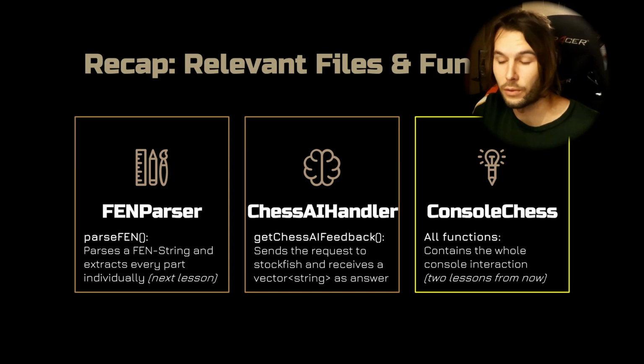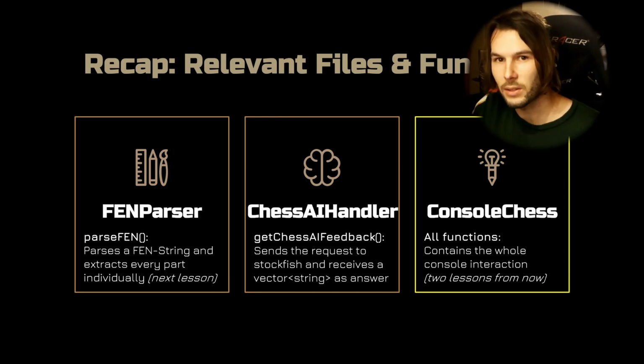Recap what we did so far. Let's start with the relevant files and functions. In the second lecture, we already had a look at a chess AI handler where we found out how Stockfish is giving us the information we need to build the whole project. To tell you what it does in less than three sentences, we can simply send a command to Stockfish and it will give us an answer.